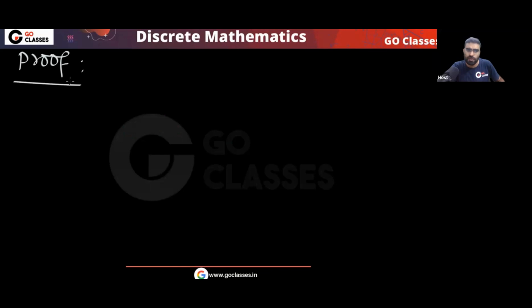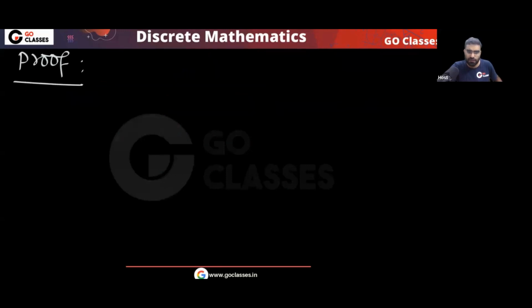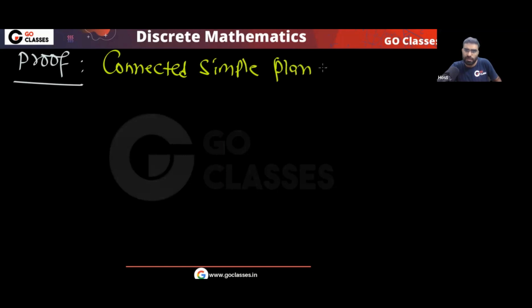What is the proof? First of all, you tell me, in this type of graph, a connected simple planar graph with at least 3 vertices and no triangle, what can you say about the degree of any face?